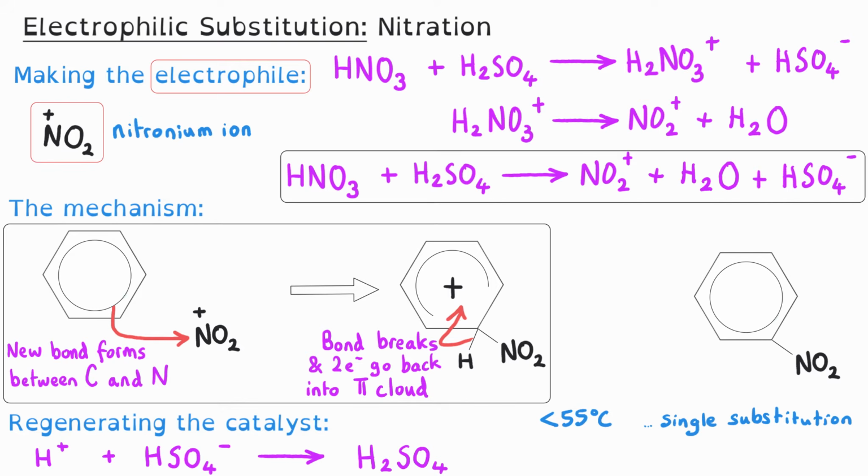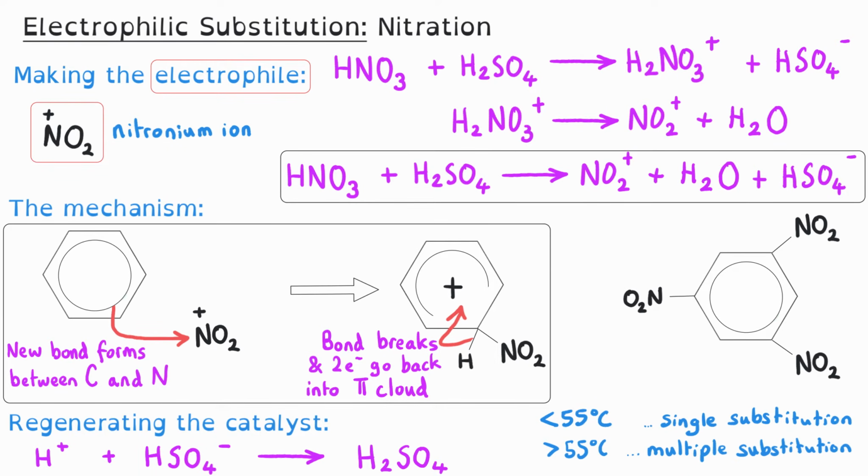If we want to make sure that we only add 1 nitro group to our benzene, we need to make sure when we're warming it up in this reaction that we keep the temperature below 55 degrees C. If we go above 55 degrees C, the temperature rise means that multiple substitutions occur, and so we get more than one nitro group joining the benzene ring, and we could get as many as 3 being added.